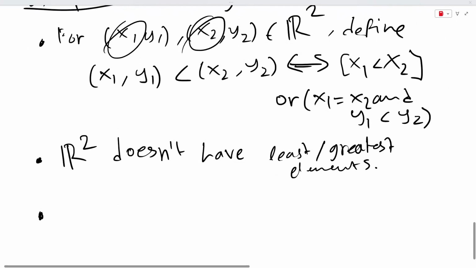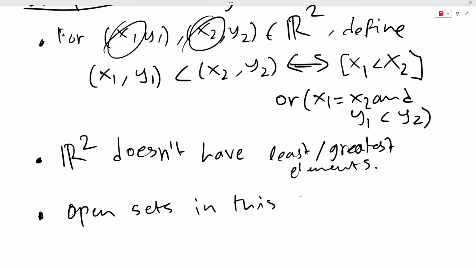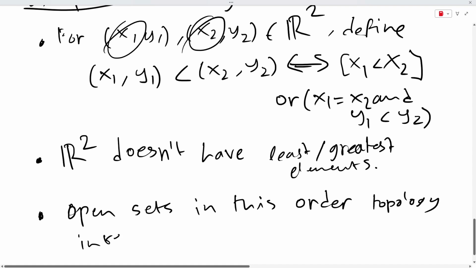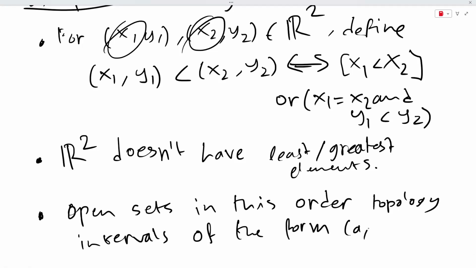So how do we define the open sets? We can consider open sets in this order topology are intervals of the form (A, B) times (C, D).